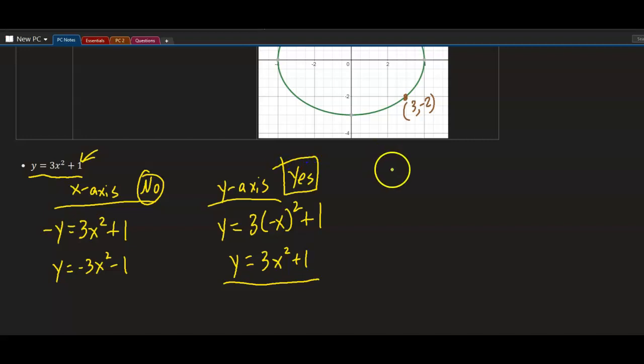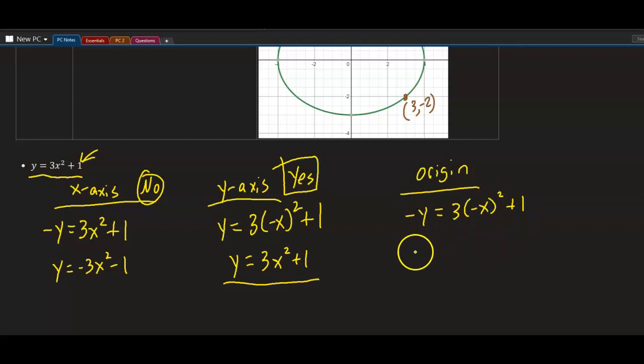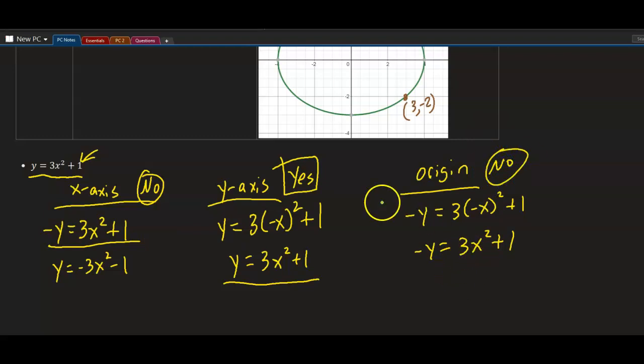If we look at origin symmetry, I'm going to replace y with -y and x with -x. When I simplify this expression, I get back to the same spot that I was over here. So this one does not have origin symmetry, because this equation is not algebraically equivalent to our original one.